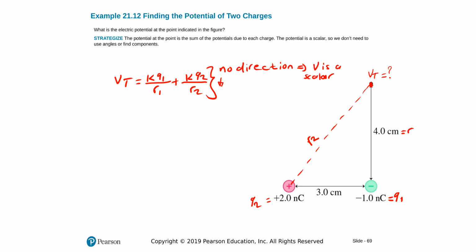And keep the sign of the charge. So potential can be positive, negative, or 0. But it's not plus direction or minus direction. Its value is a scalar value: positive, 0, or negative.